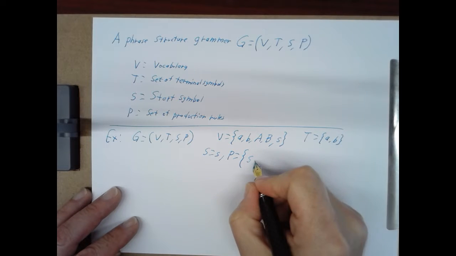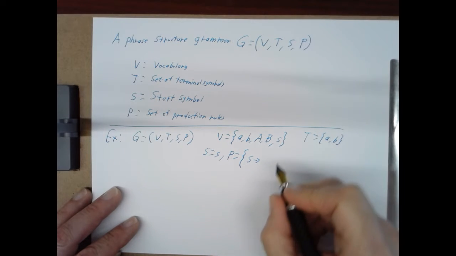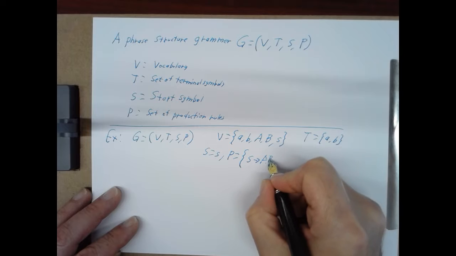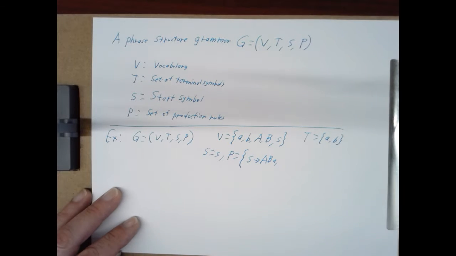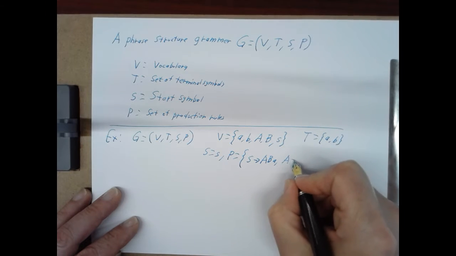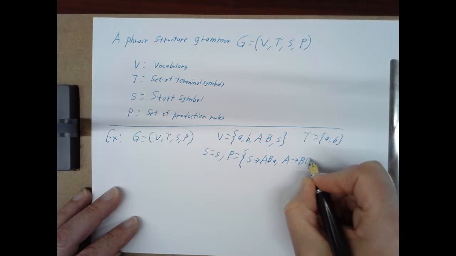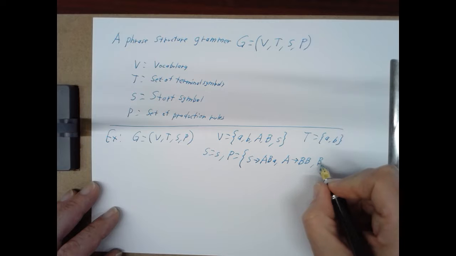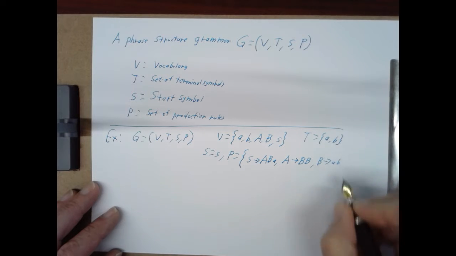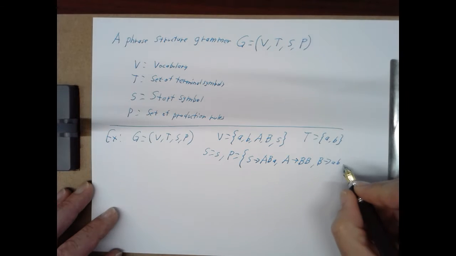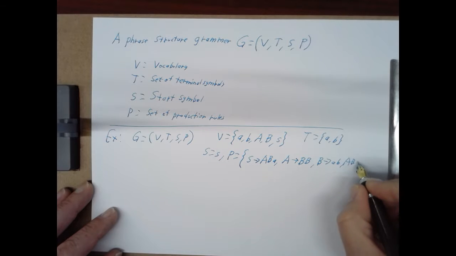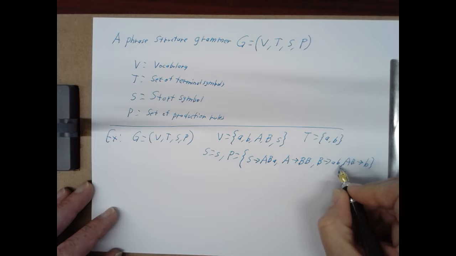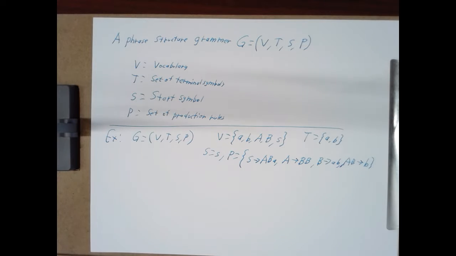So S can be replaced with big A, big B, little a. Big A can be replaced with big B followed by big B. Big B can be replaced with little a, little b. And big A, big B can be replaced with little b. So we have 4 elements in our set of productions.